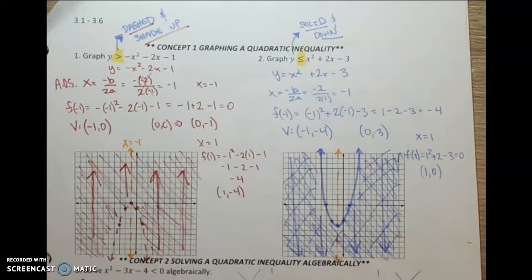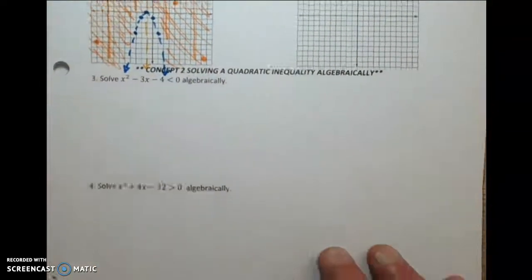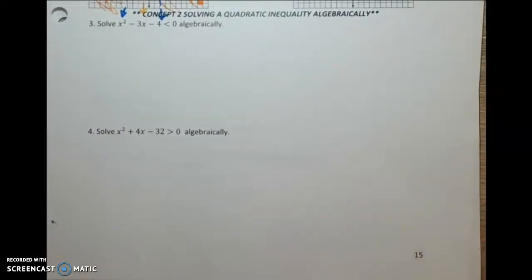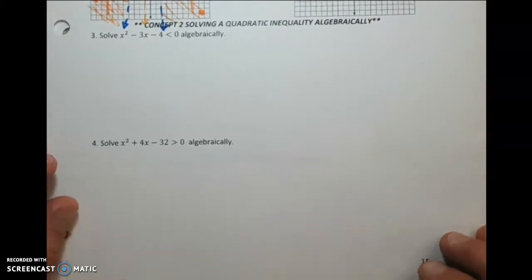There it is. We got one more concept to do, concept number 2. And this time I'm going to go ahead and solve this inequality algebraically. So here's how this one works. Really similar in a sense.